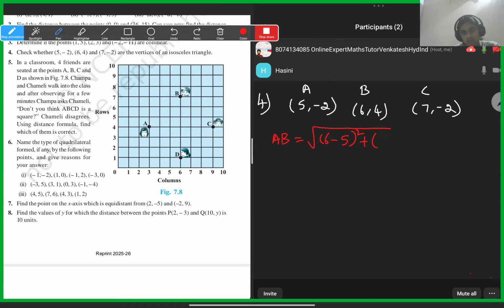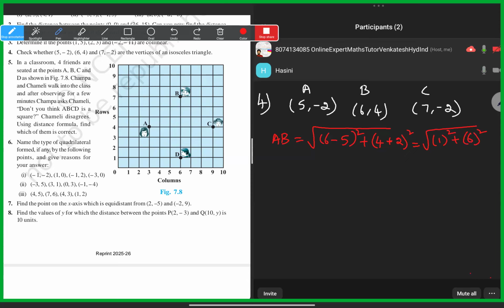So 4 plus 2 whole square. It becomes root of 1 square plus 6 square. 6 square is 36, so it is root 37.